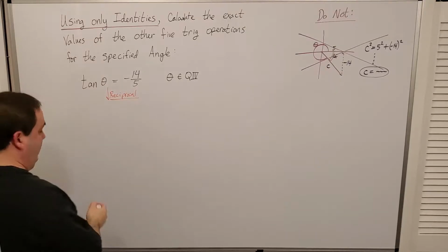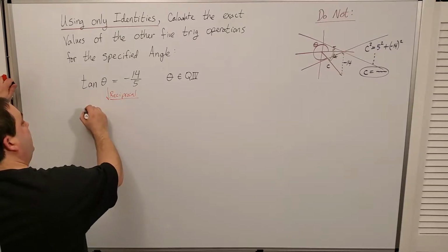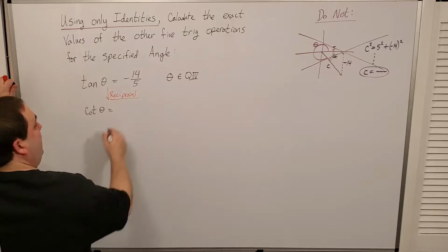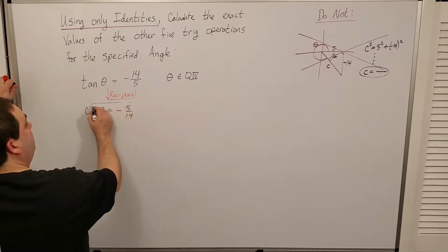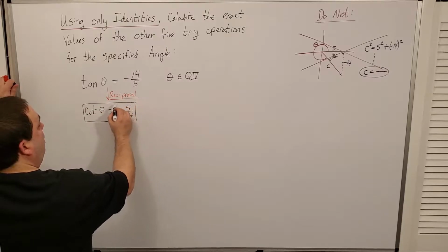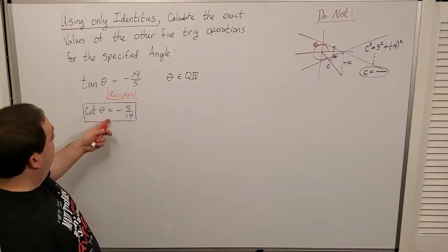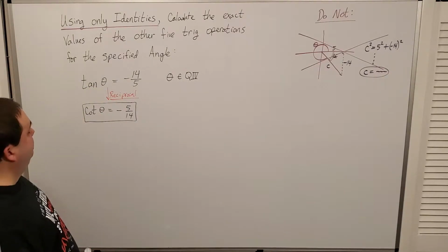The reciprocal identity of tangent gives me cotangent, and I'm just reciprocating. Negative 5 over 14. And I've already got one of the 5 that they asked about. So that's pretty straightforward, not too difficult on that one.